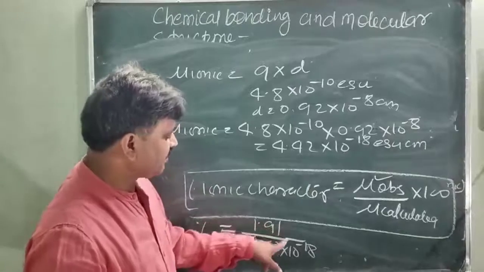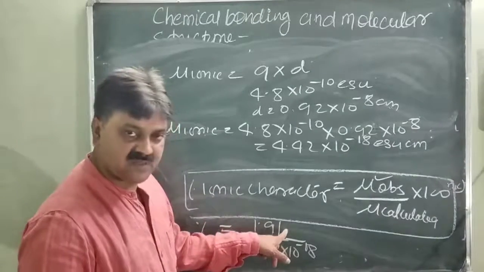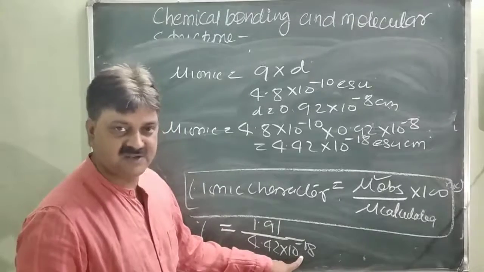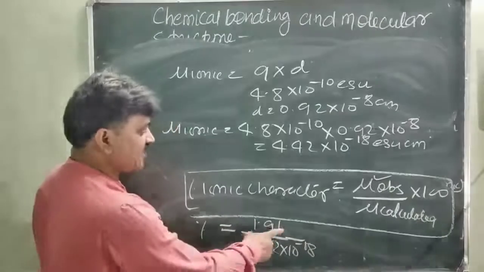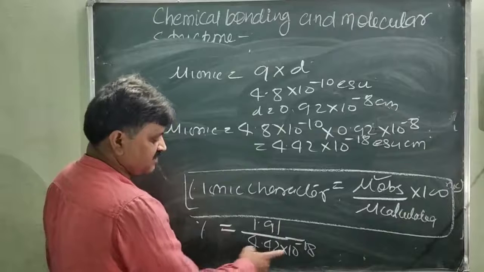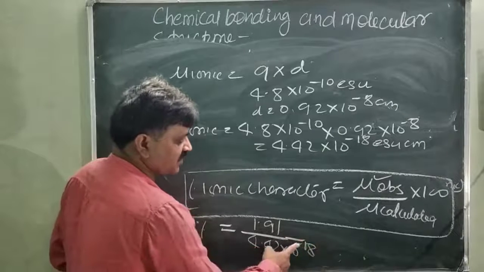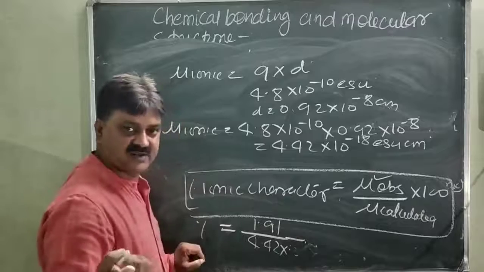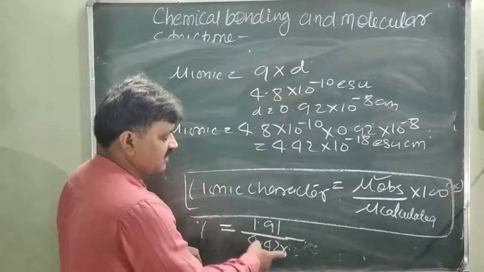So when we write here in D form, it is also in the D form. You know that 1.91 D, and when it is written in ESU, 10 power minus 18 is released out, because 1 D is equal to 10 power minus 18. So it is also written in the D form.